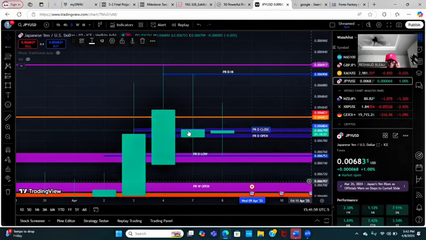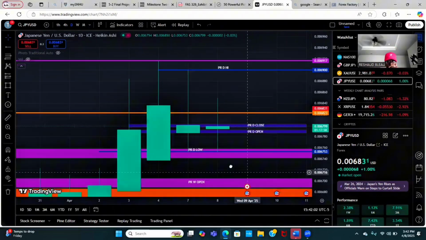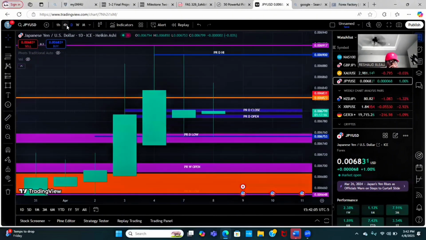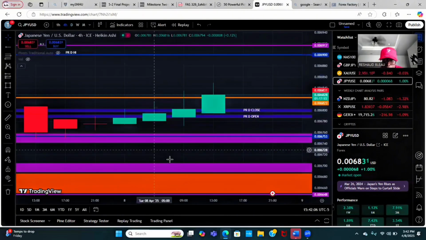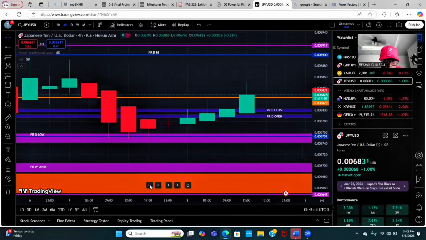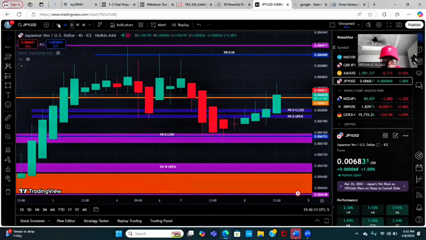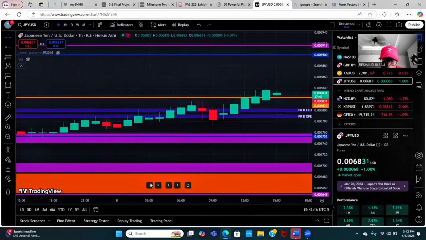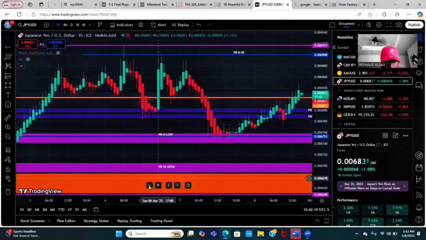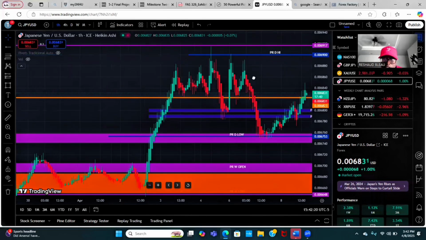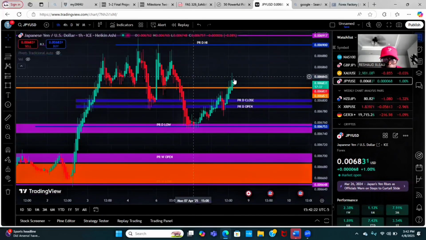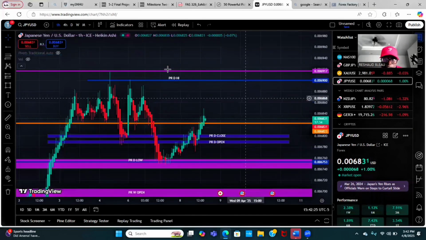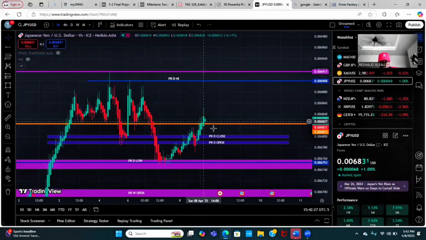So let's see what price does once we drop down the time frames. Okay, so it broke above the previous daily close. And we drop down to an hour. Okay, so we're looking for price to either break the previous daily low or the previous daily high. I'm looking at price actually going to break the daily high. This is, I think, the monthly low that we was looking at.